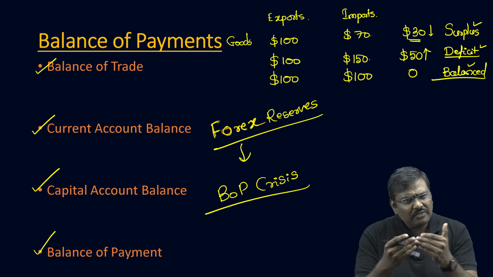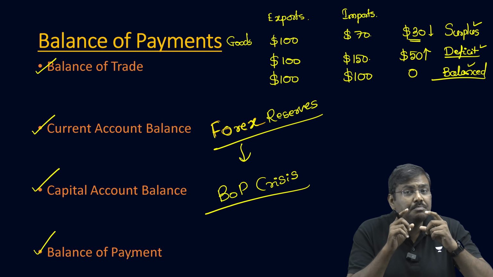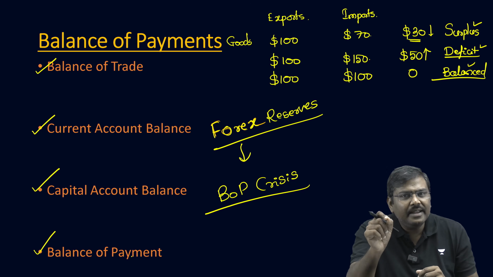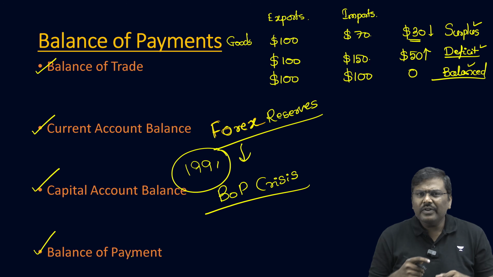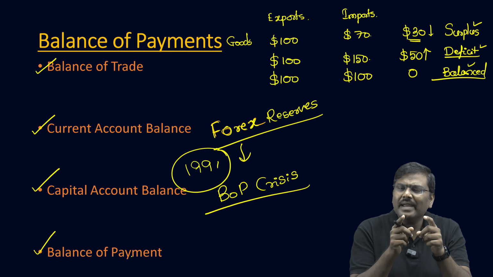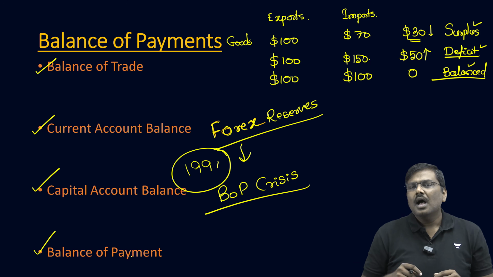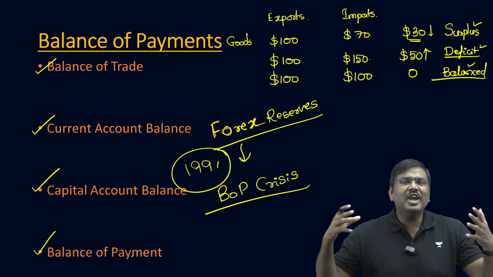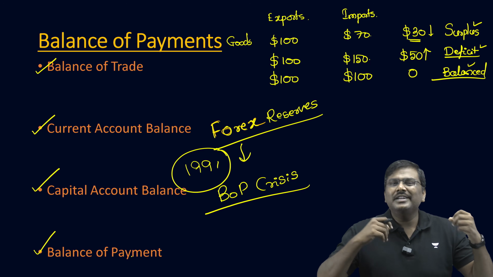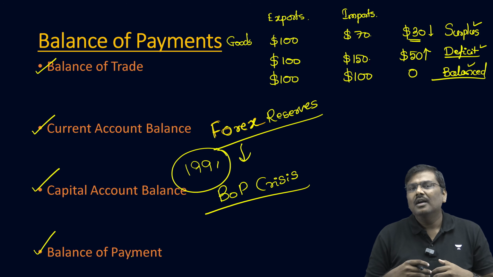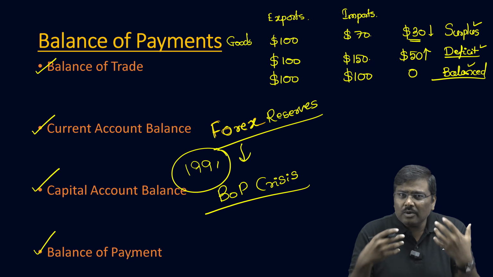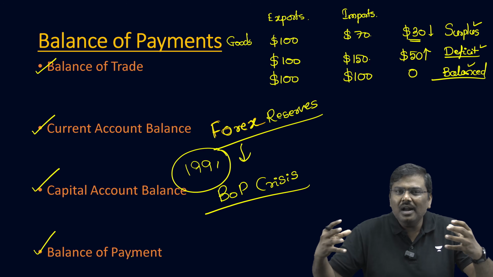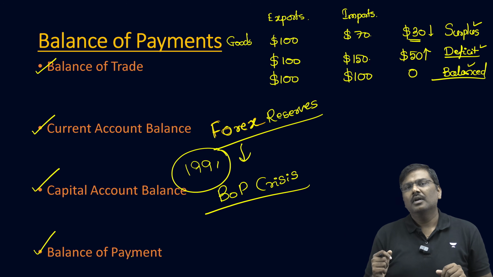The last time we faced a BOP crisis was back in the year 1991. Please remember this. The last time India faced a BOP crisis was back in the year 1991. After that, we have made so many changes in the fiscal policy, trade policy, etc. Slowly and steadily for some time, and very quickly after that, we have built our forex reserves.